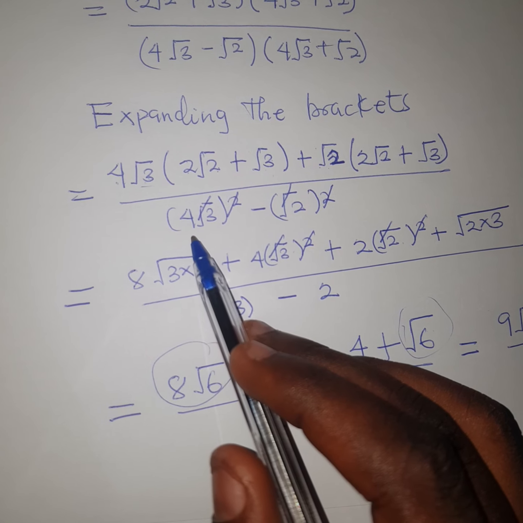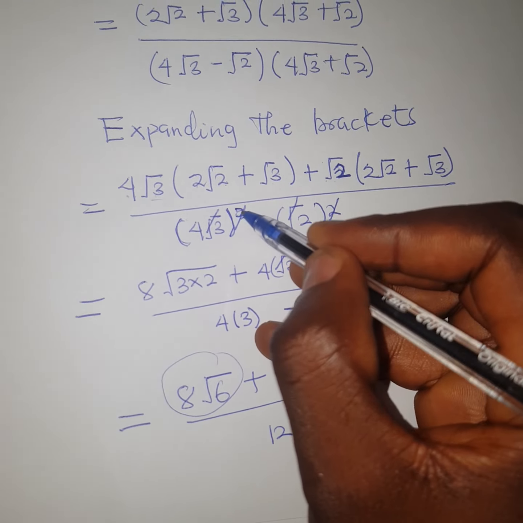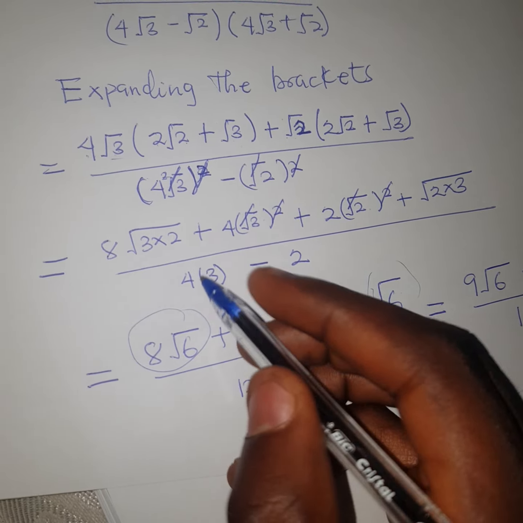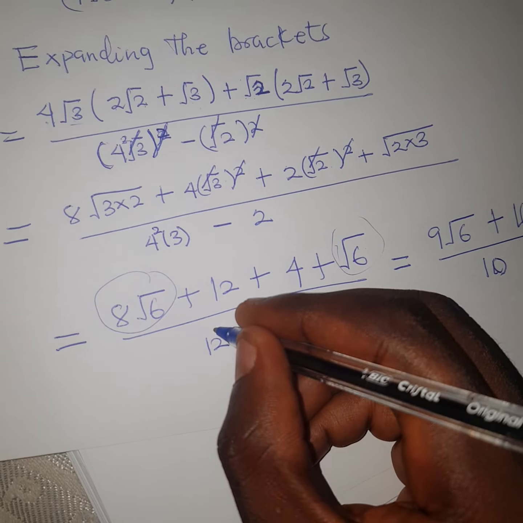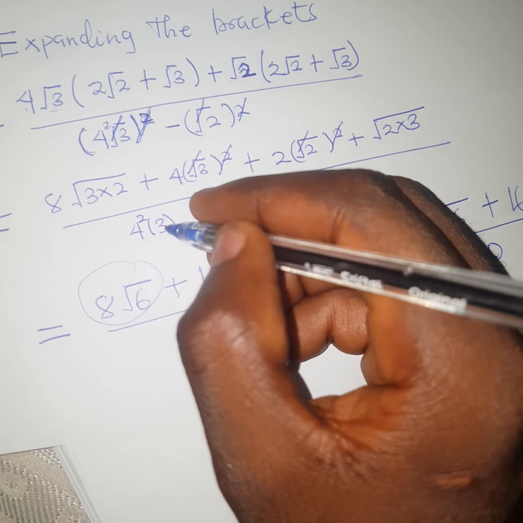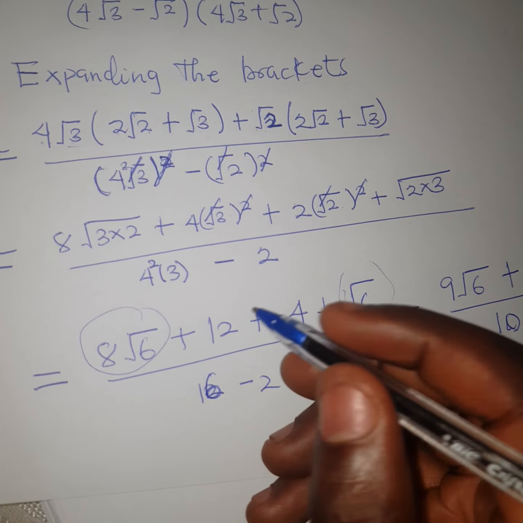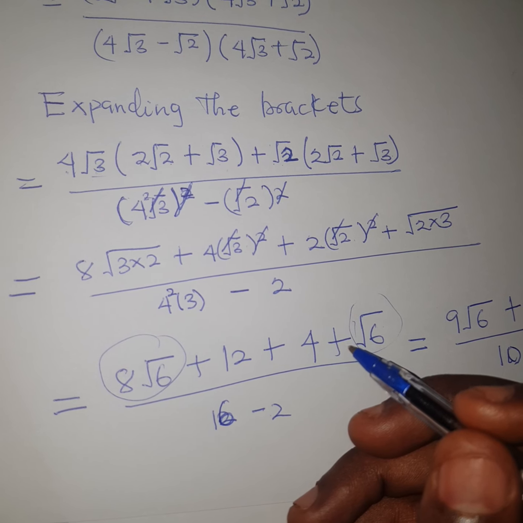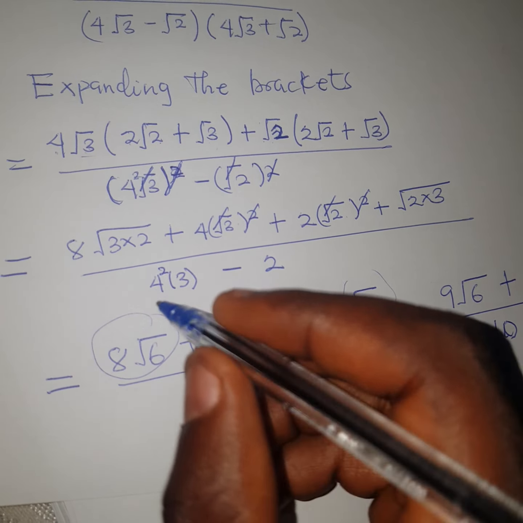Now looking at this, you saw that I squared the whole of this, but I only cancelled this, leaving this. This is also squared, so this would have been 4 squared, and so 4 squared will give you 16. 16 multiplied by 3, and that will give us 48.